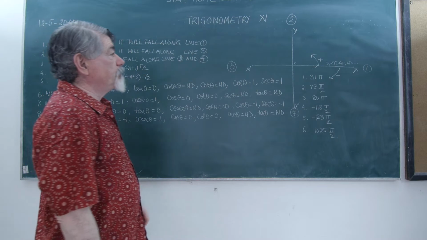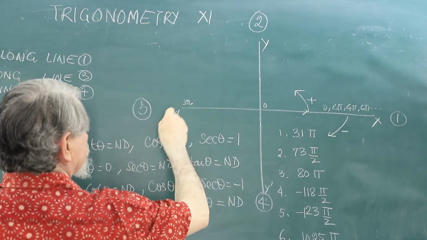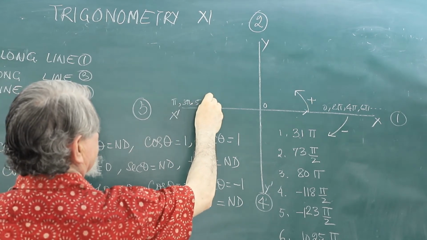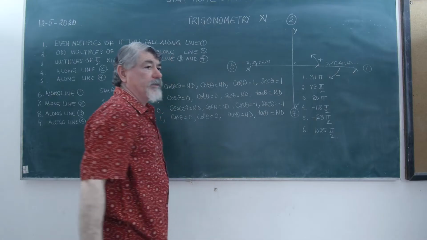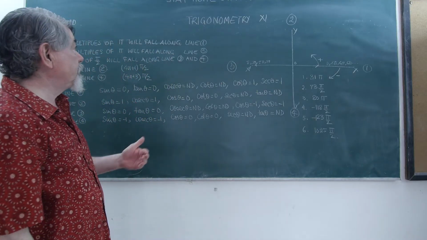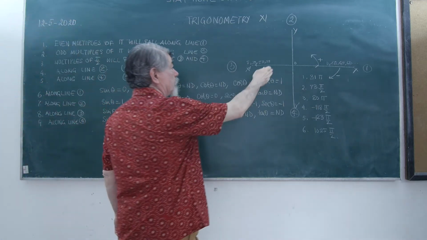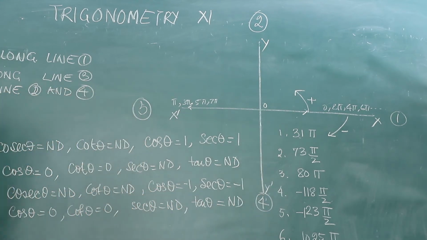Odd multiples of pi, like 3 pi, then 5 pi, 7 pi, and so on, will fall along line 3. Multiples of pi by 2 will come either on line 2 or line 4.